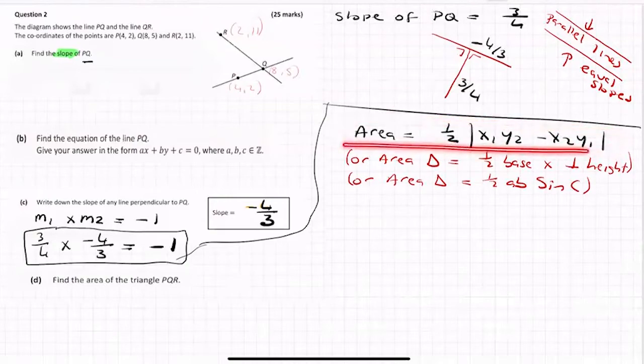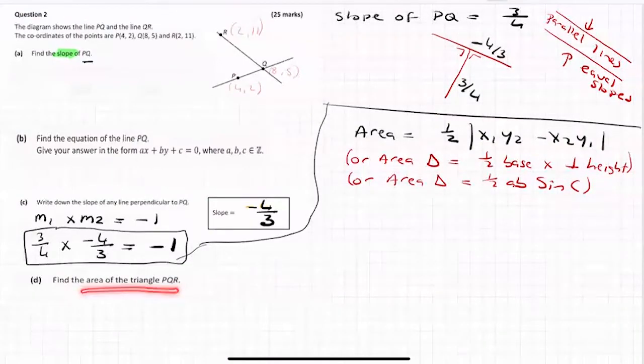This one is from area and volume. And then this one is from trig. Just because this question is in coordinate geometry doesn't mean you have to use this one. If you're asked for the area of a triangle, you can use any of the tools in your toolkit. But what it does normally mean is that you most likely only have enough data to be able to use this one.